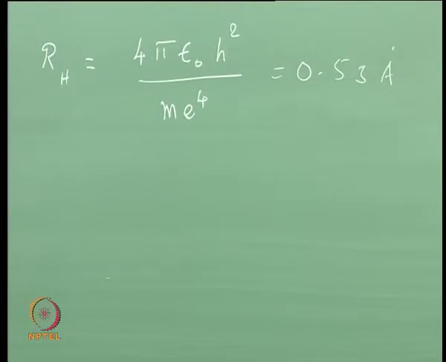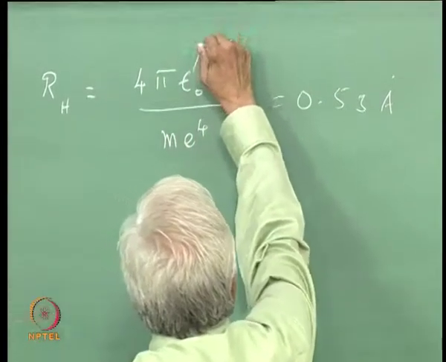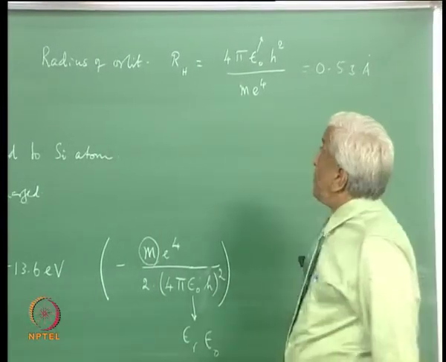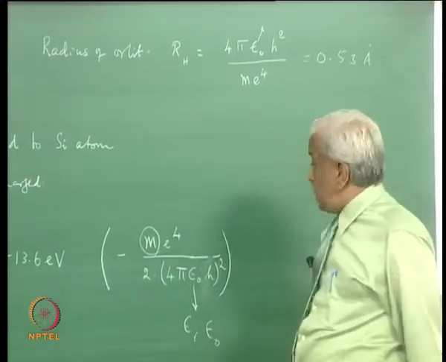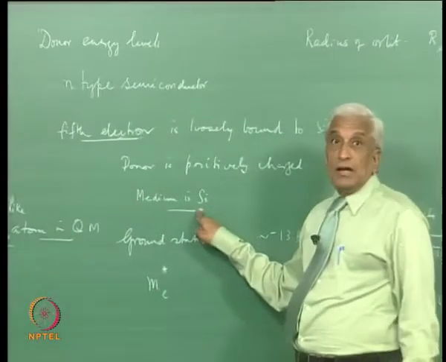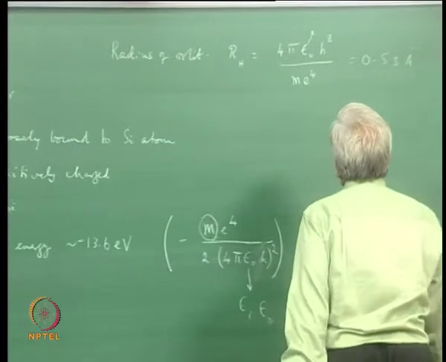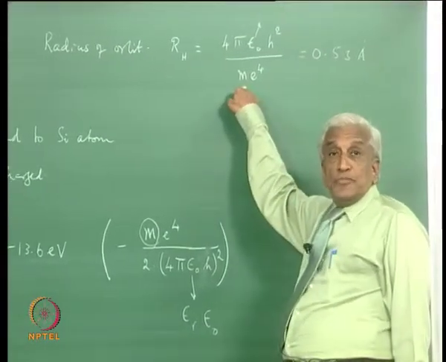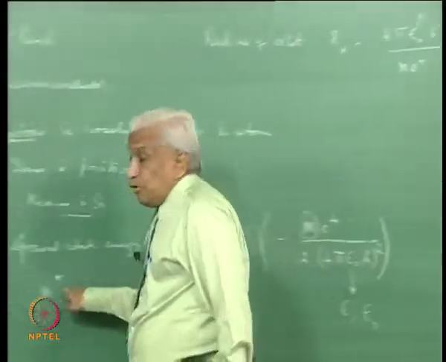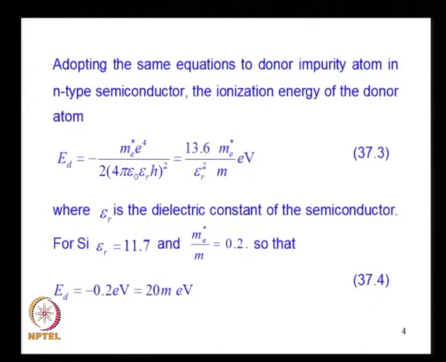Now, these things again are modified by the replacement of the dielectric permittivity by epsilon r epsilon naught, where epsilon r is the characteristic relative dielectric constant of silicon, and also the replacement of m, the electronic mass, by the effective mass in the semiconductor. So, the donor energy can therefore be readily calculated using these expressions and using known values of the effective mass and the dielectric constant.